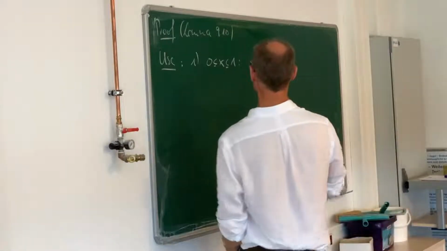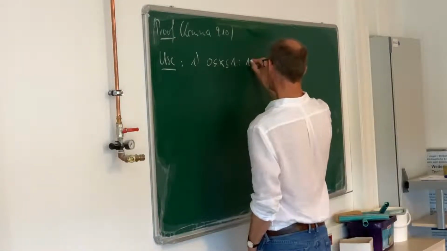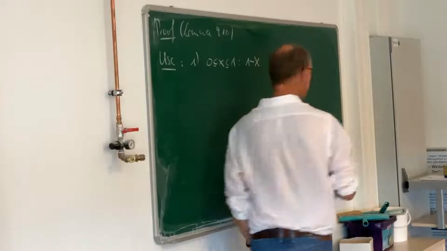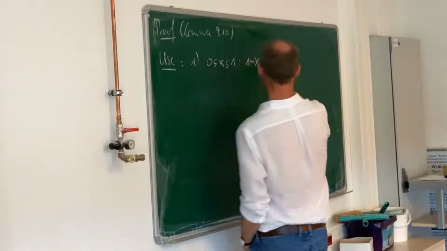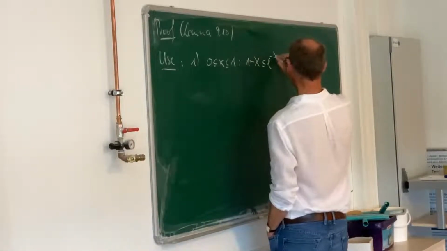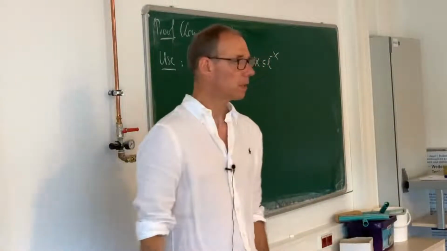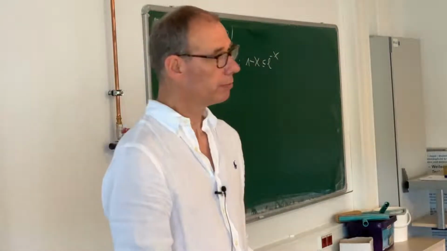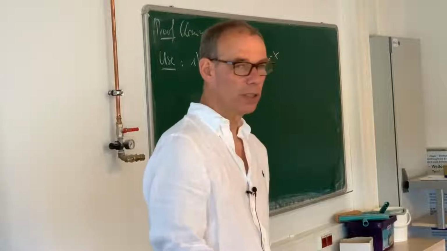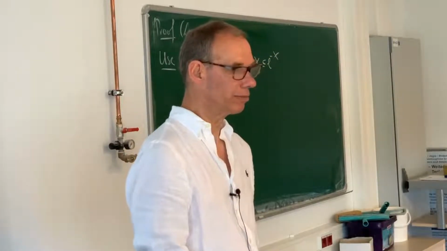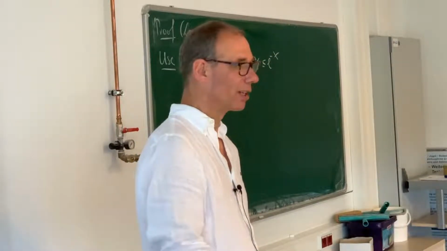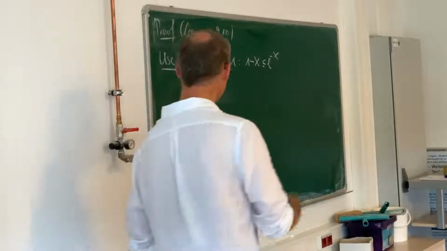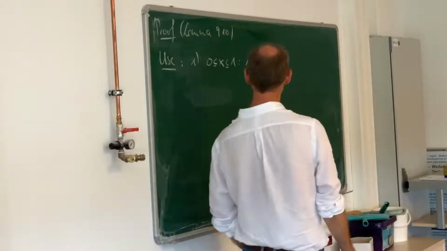We have that the other case is trivial. 1 minus x is less than e to the minus x. Very useful bound. Only useful when x is small. For large x's, so for x close to 1, it's not so interesting.